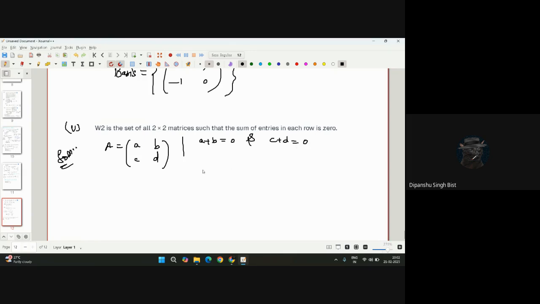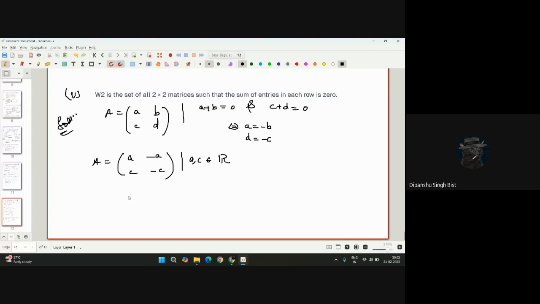So this gives me A equal to minus B, and D equal to minus C. So here maybe I can put A, minus A, and then C, minus C, for all A, C belonging to R.